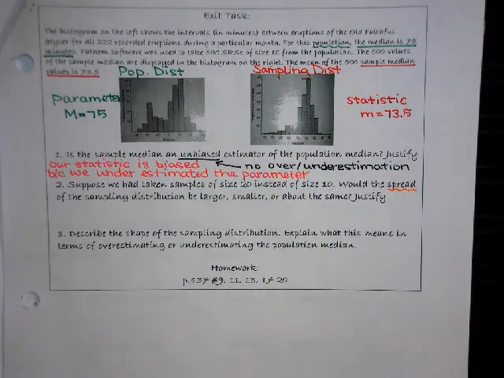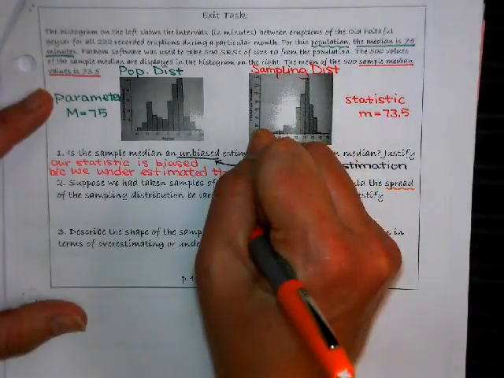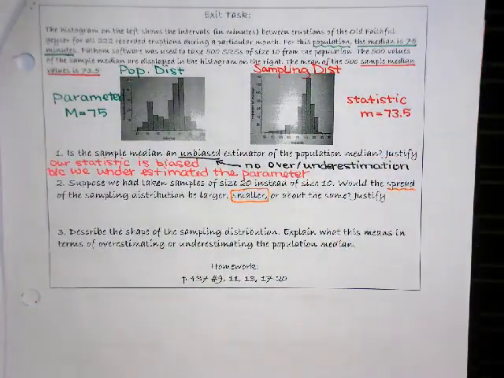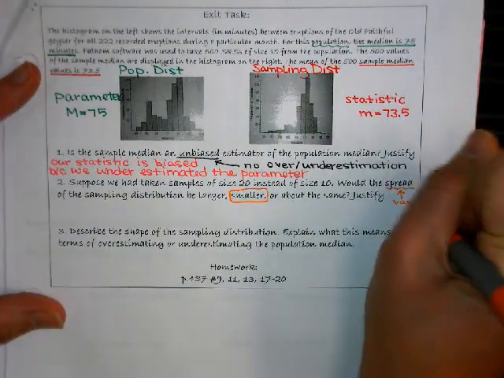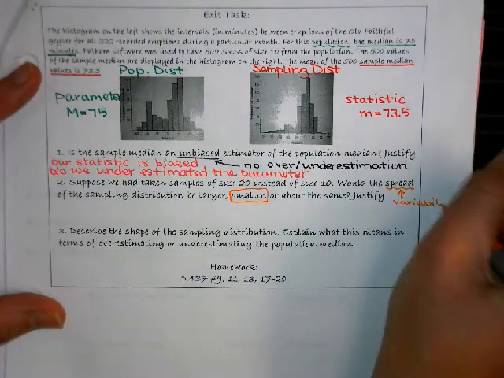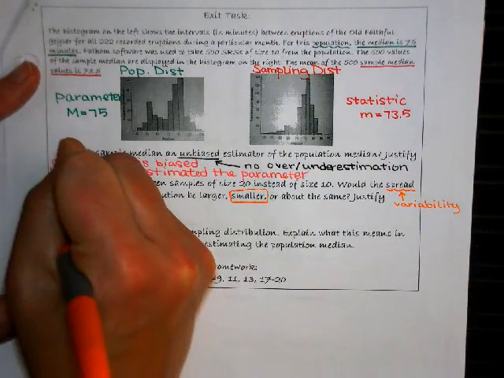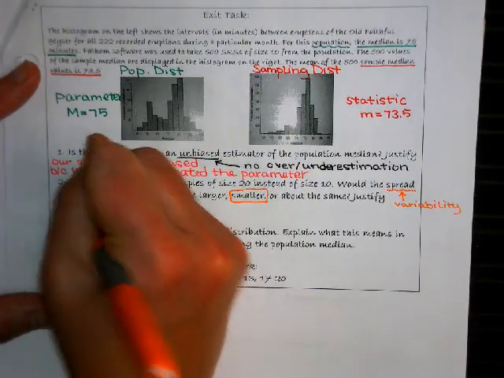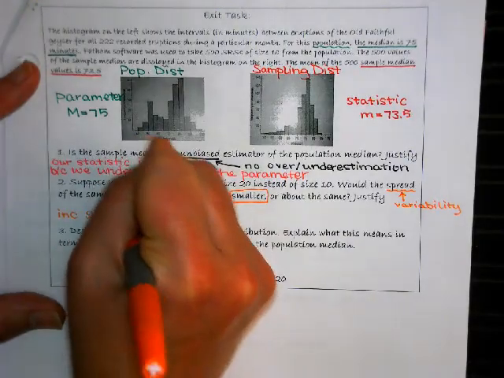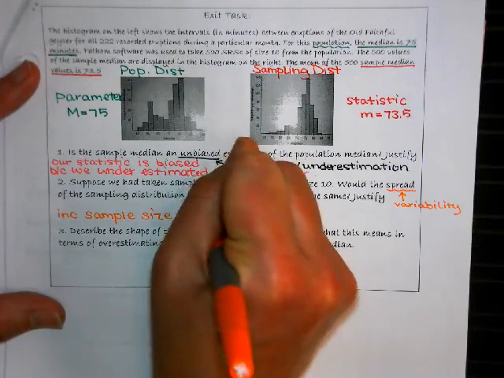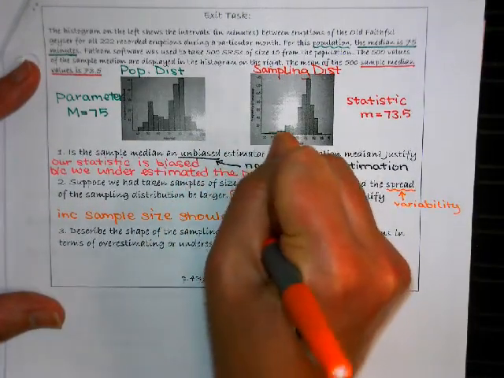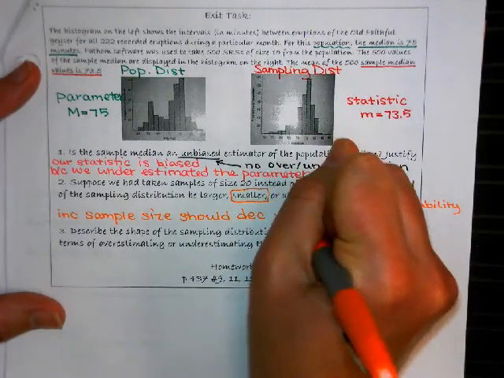Increasing sample size should decrease variability. Any questions on that one?